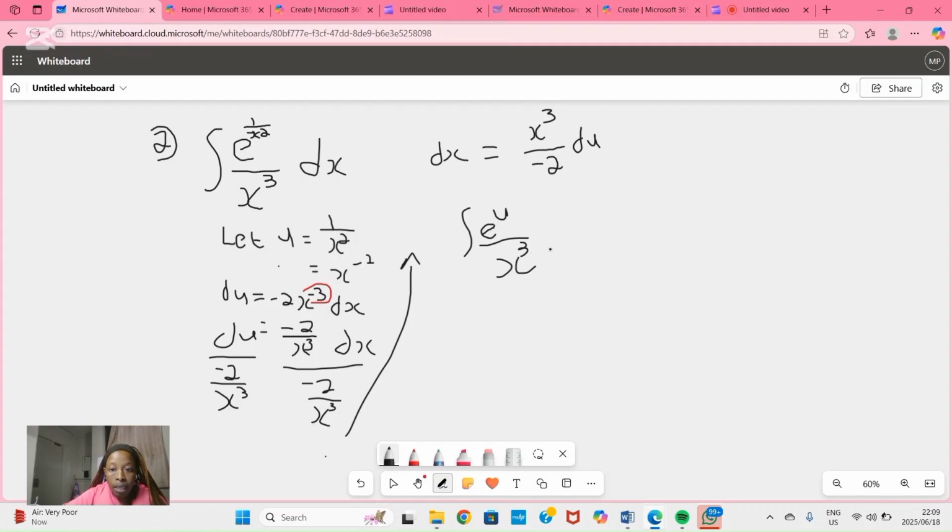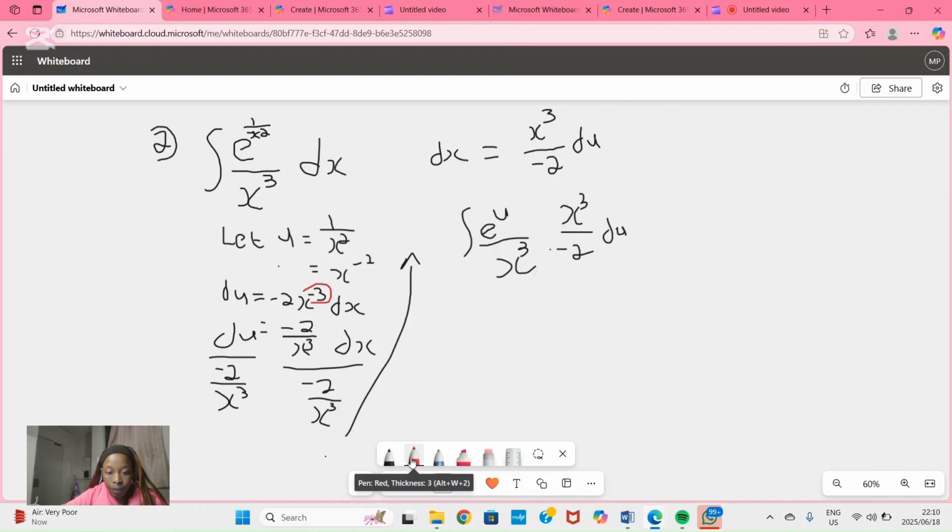Then we multiply by dx. We were supposed to write dx here, but then we're going to replace the dx by x cubed over negative 2 du. So we're going to have x cubed over negative 2 du.